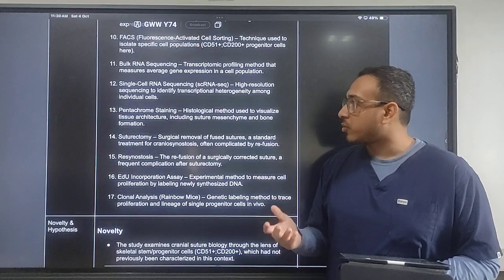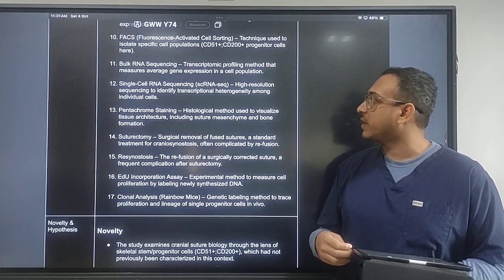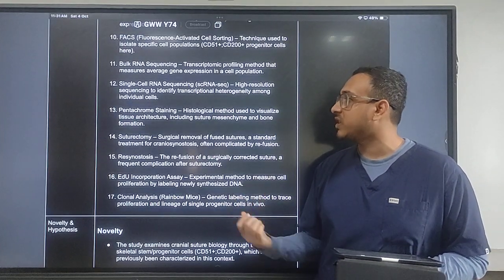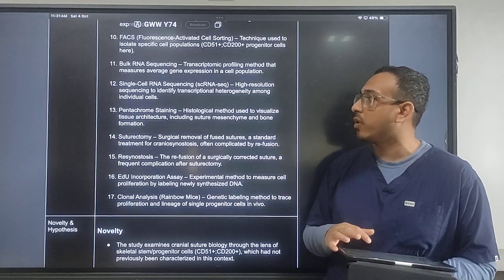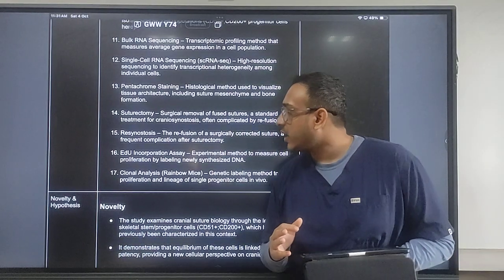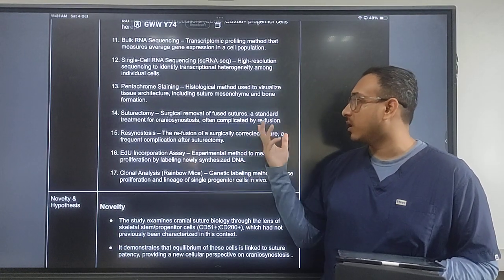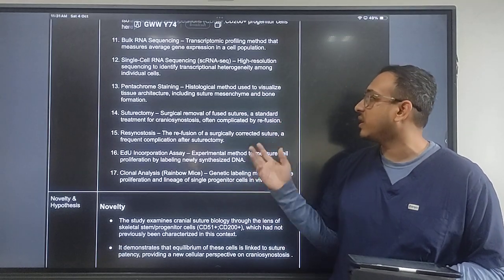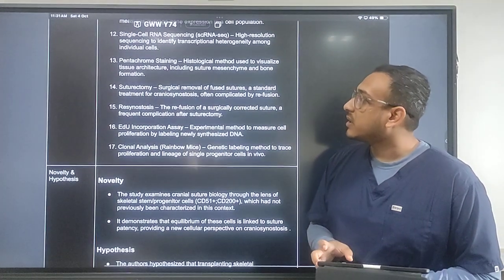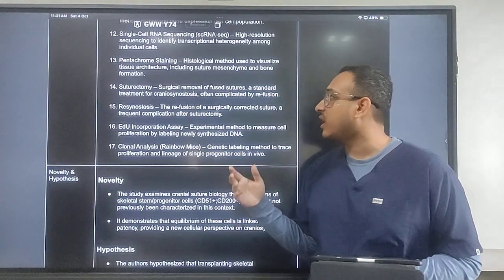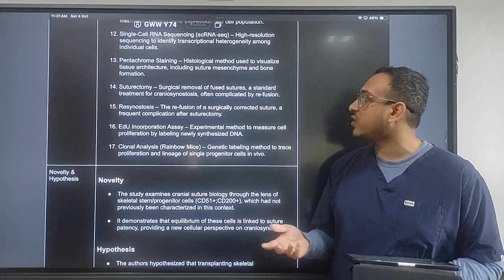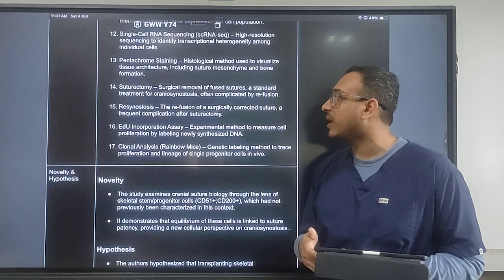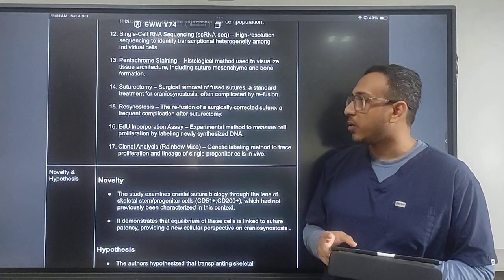The pentachrome staining is a histological method to visualize the tissue architecture, including suture, mesenchyme and bone formation. The suturectomy is surgical removal, a standard treatment for craniosynostosis. Here they did it in mice. And resynostosis, the refusion of the surgically corrected suture, is a frequent complication after suturectomy.